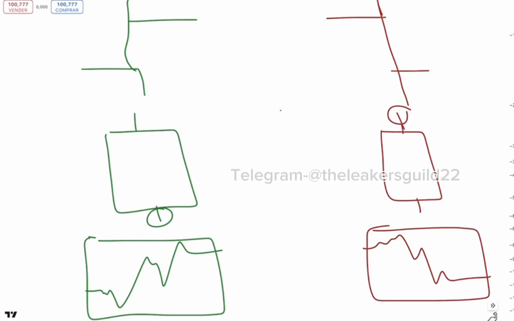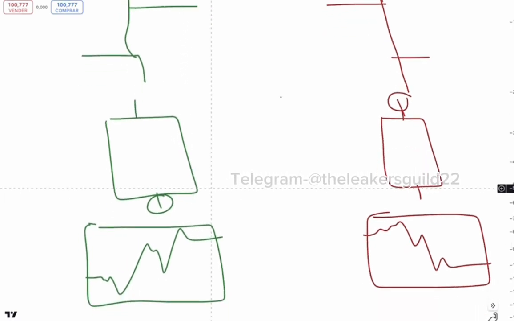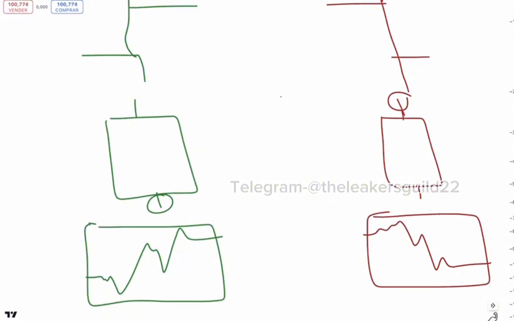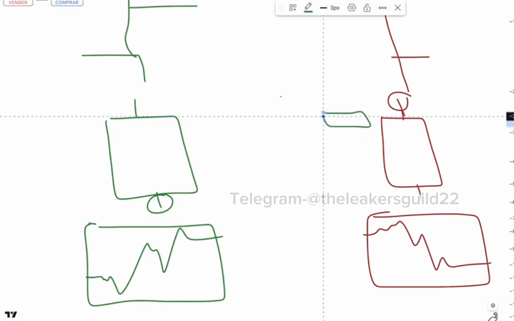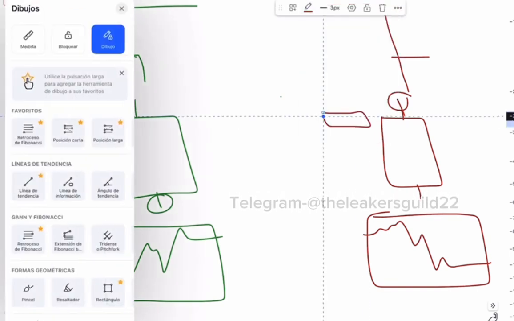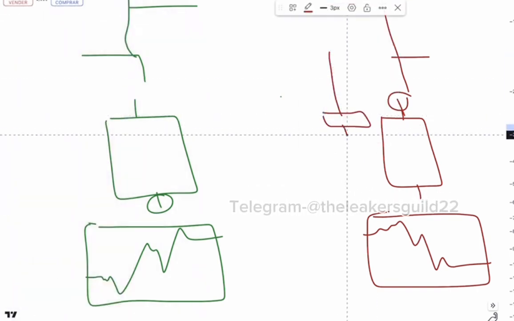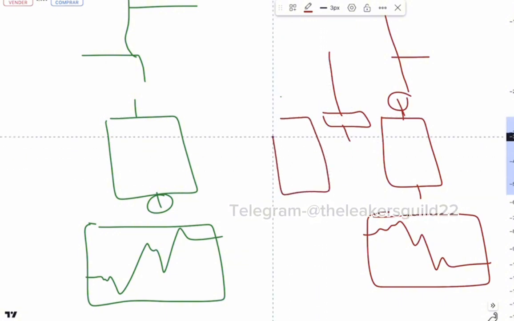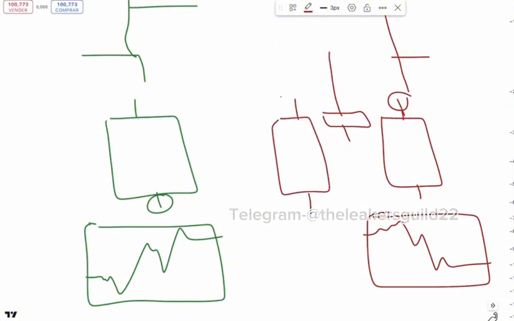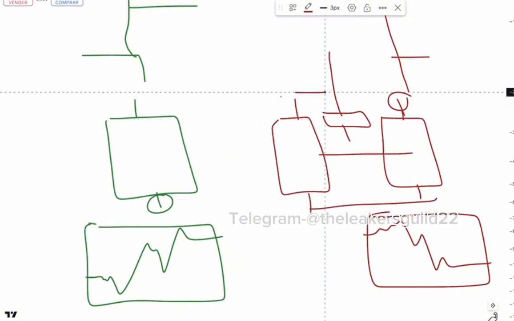So you're trying to trade candle number 2 onwards, ideally candle number 3. When bullish, buy below the open. When bearish, sell above the open of candle number 3. After you see candle number 2 manipulating and targeting the 50% of candle number 1 and the opposing end of the range.